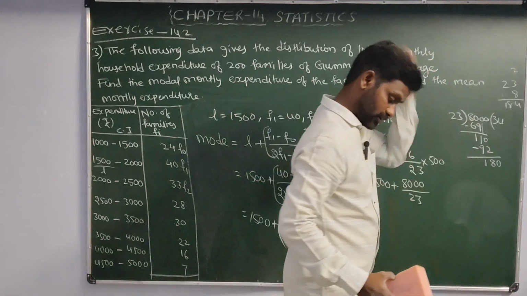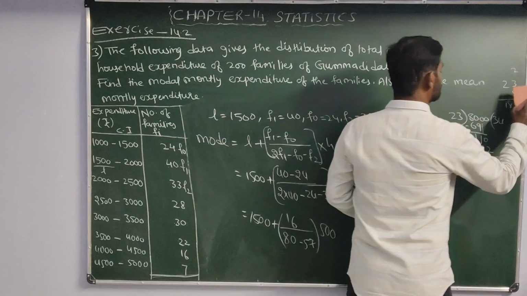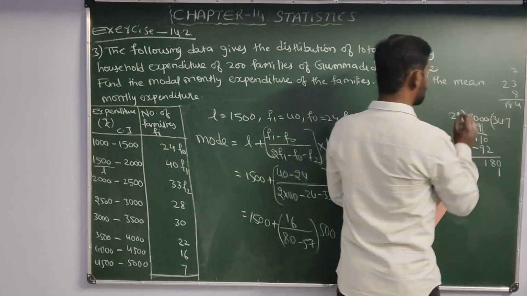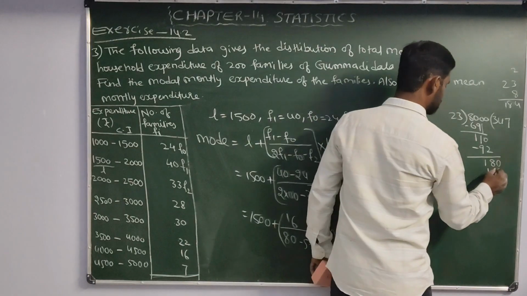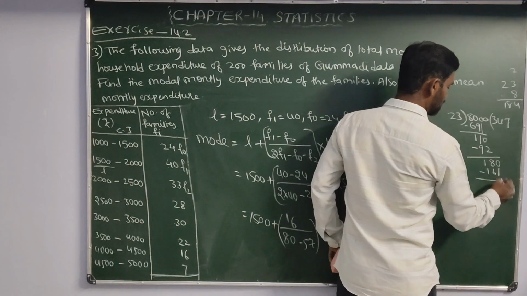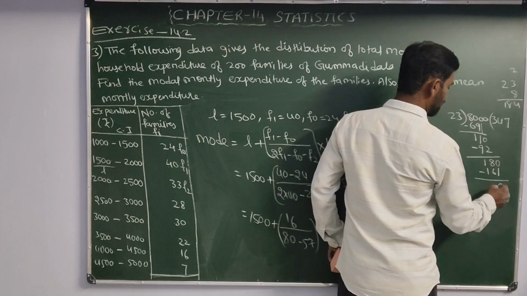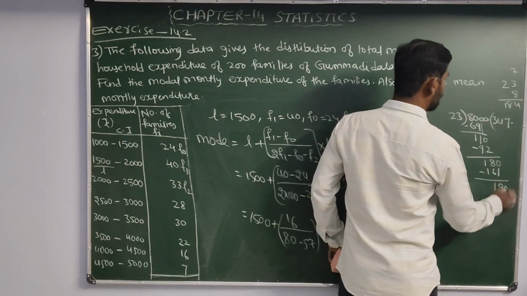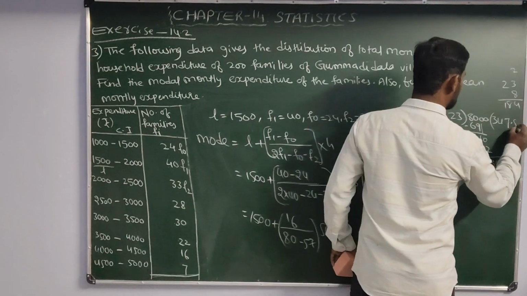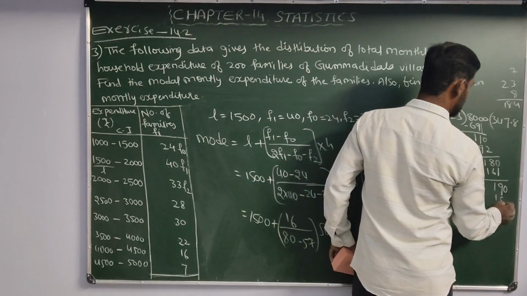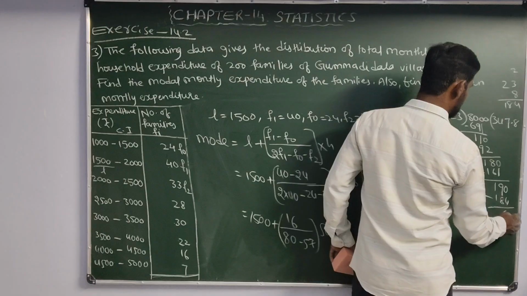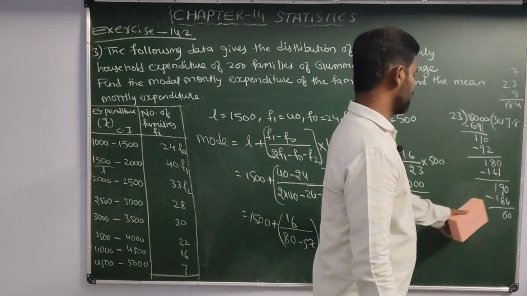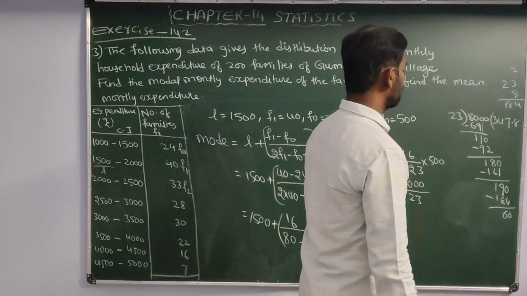So we can take 7s: 7 threes are 21, 2 carries, 7 twos are 14 plus 2, 16. 10 minus 1 it is 9, 7 minus 6 it is 1. Next take the point here and 0. So it is 184. 190 minus 184 it is 6.